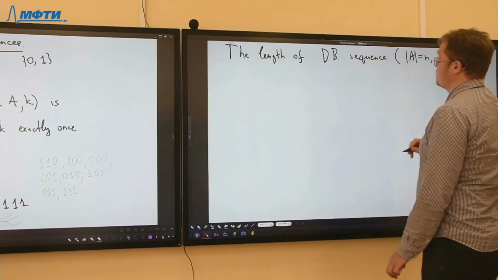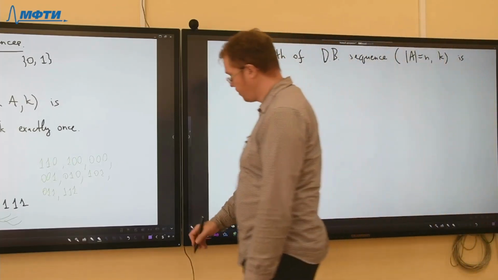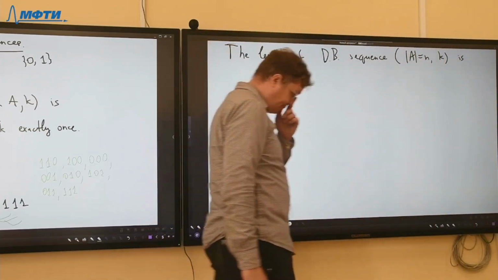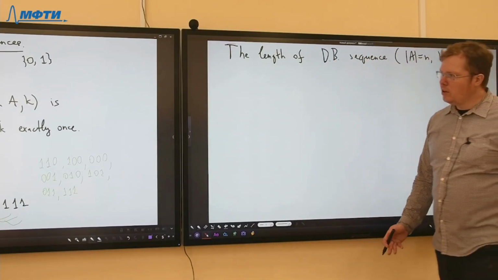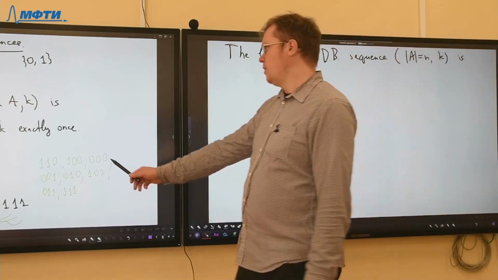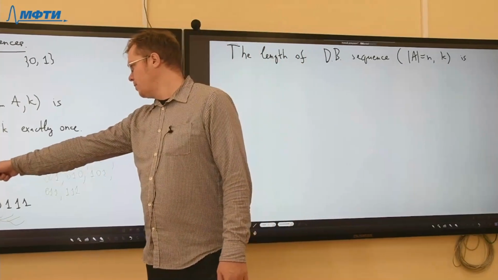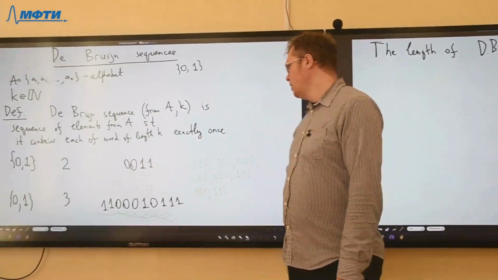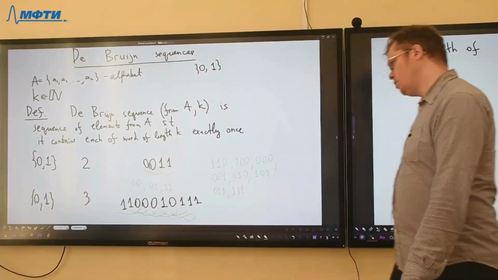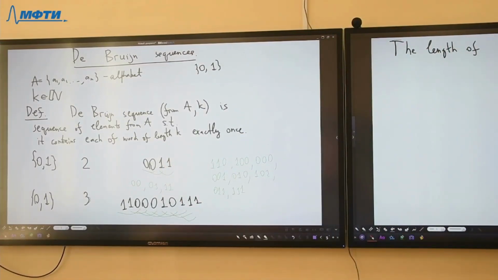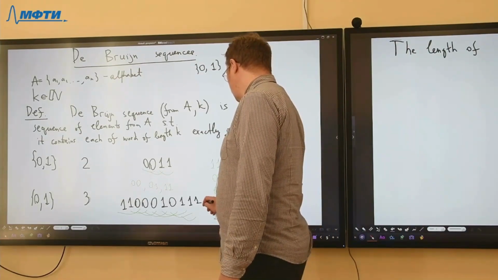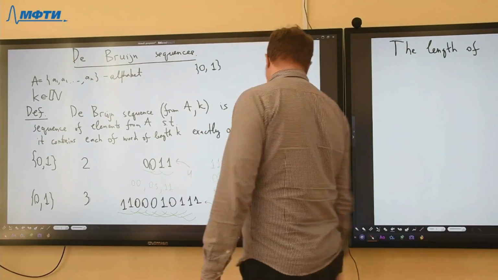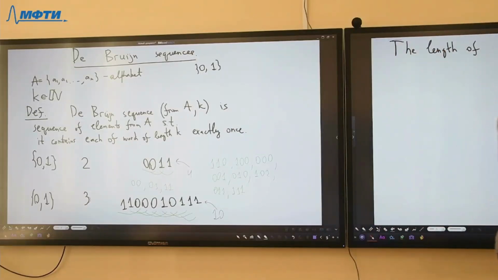For an alphabet of 2 symbols and words of length 2, it will be 4, and for an alphabet of 2 symbols and all words of length 3, it will be 10 elements. What's the formula for arbitrary n and k?